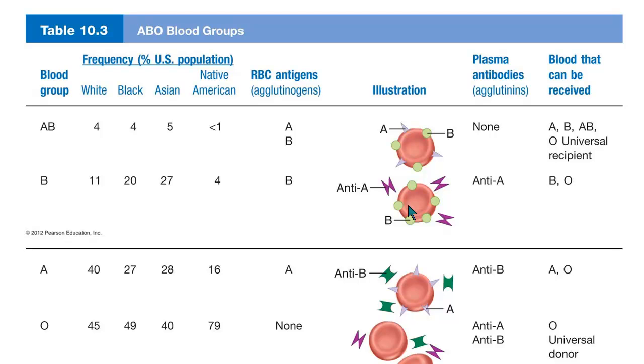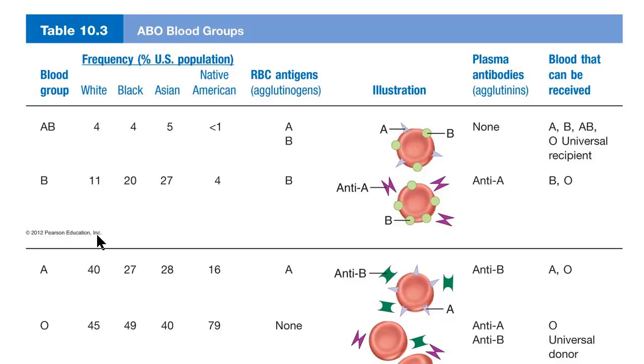However, a person would form anti-A, or antibodies against the A antigen, because that is not what's on a B person's red blood cells. So antibodies against the A antigen are present in people with B blood type because they don't have A antigen on their red blood cells.